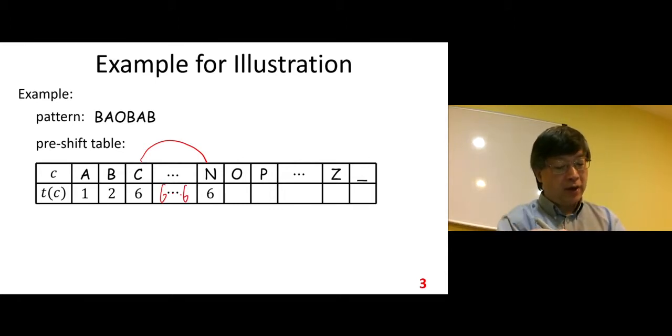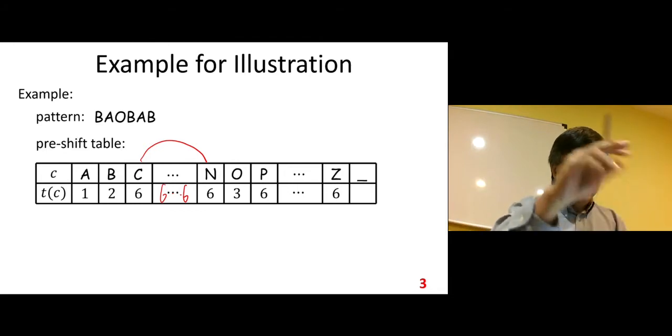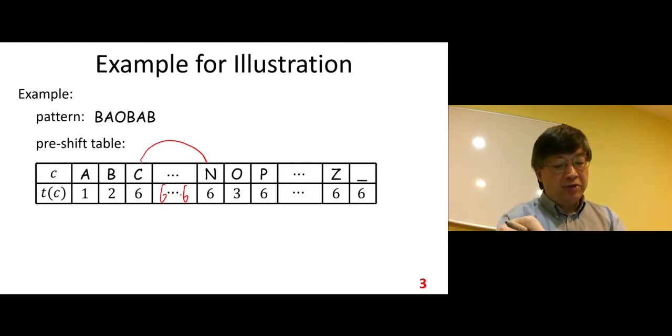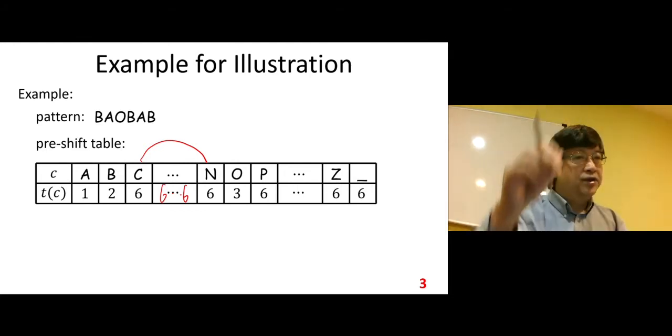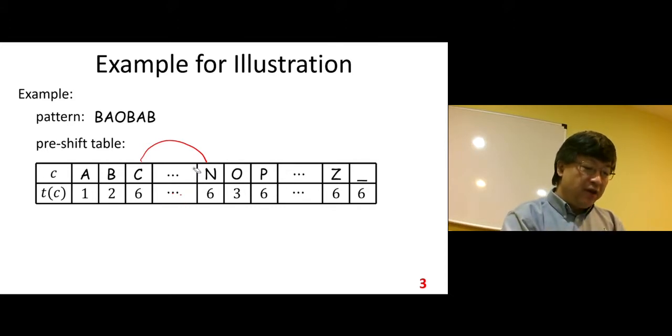Then O, you can find it, so the difference is 3. For P, it's 6, and all the way to Z and the last empty space, the space also 6. So now we can calculate this table easily, right?